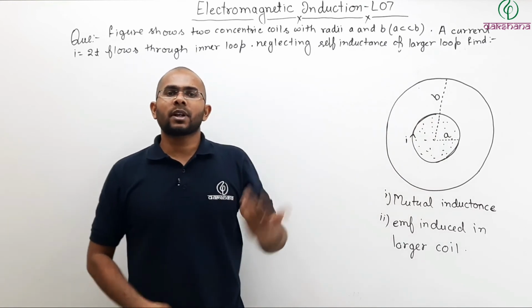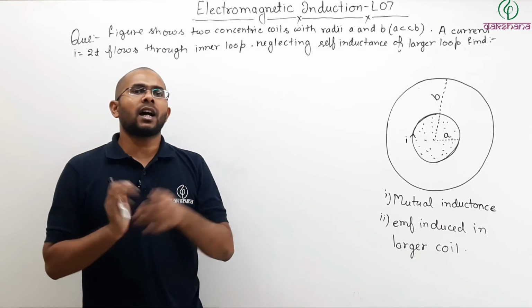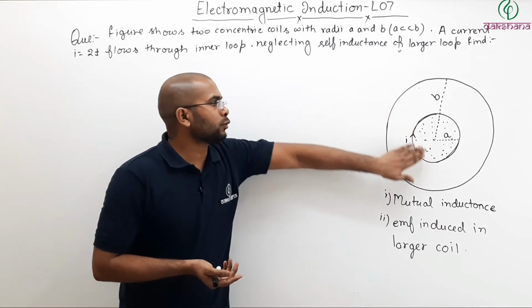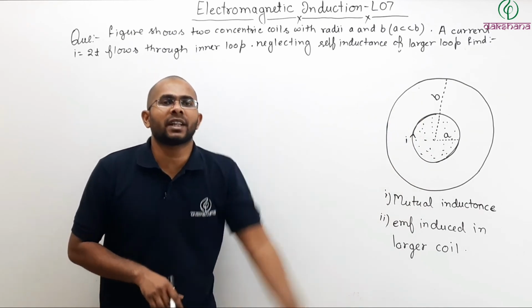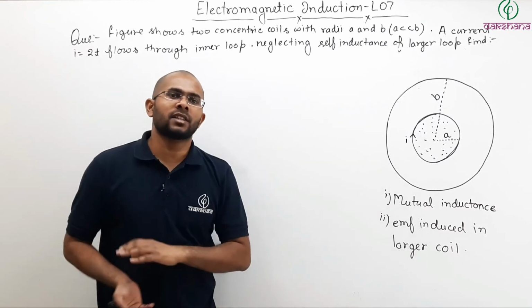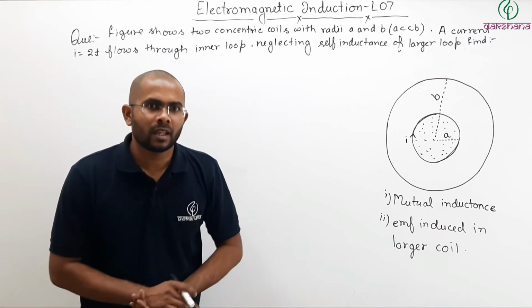So, if you remember the mutual inductance concept, it does not matter how we calculate mutual inductance. Mutual inductance of two coils depends upon what? It depends upon their geometrical shape. So it does not matter where the current is flowing or how much the current is flowing, your mutual inductance value remains the same.